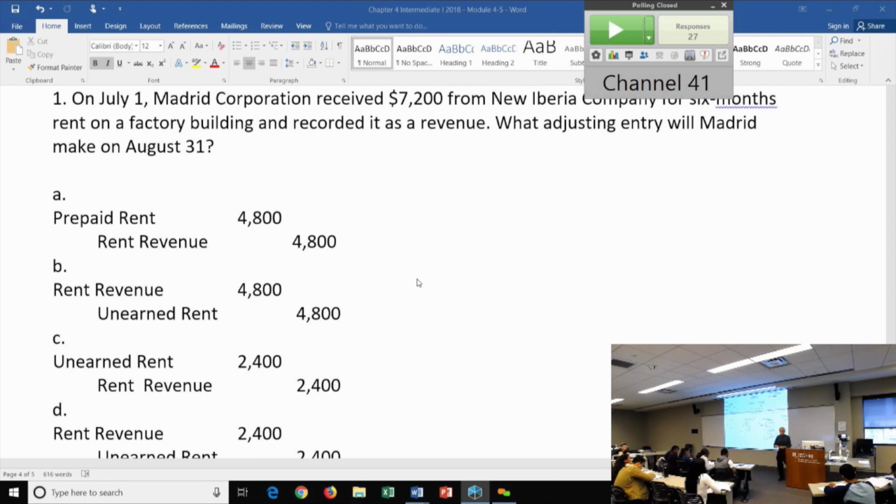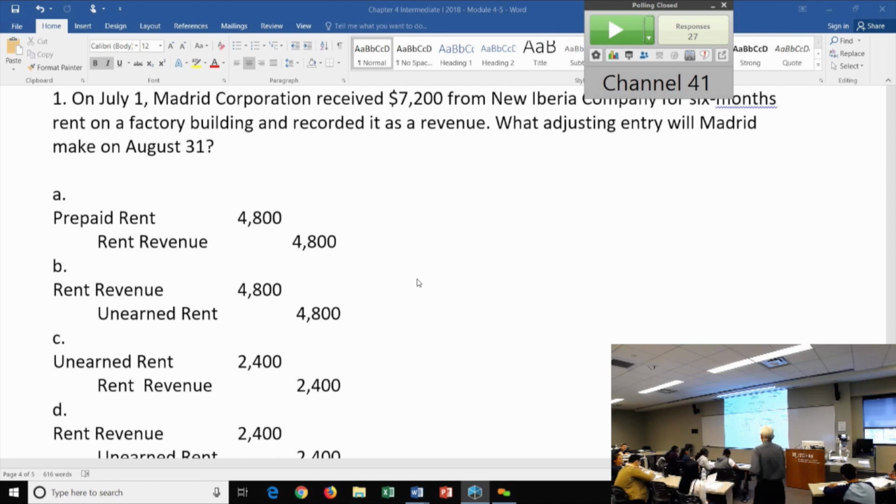Yeah. So the original entry would be debit cash for the 7,200 and credit unearned revenue, right? Yeah, well, you would expect it to be credited to unearned revenue, as I did. I got fooled myself. But in this case, they credited revenue.